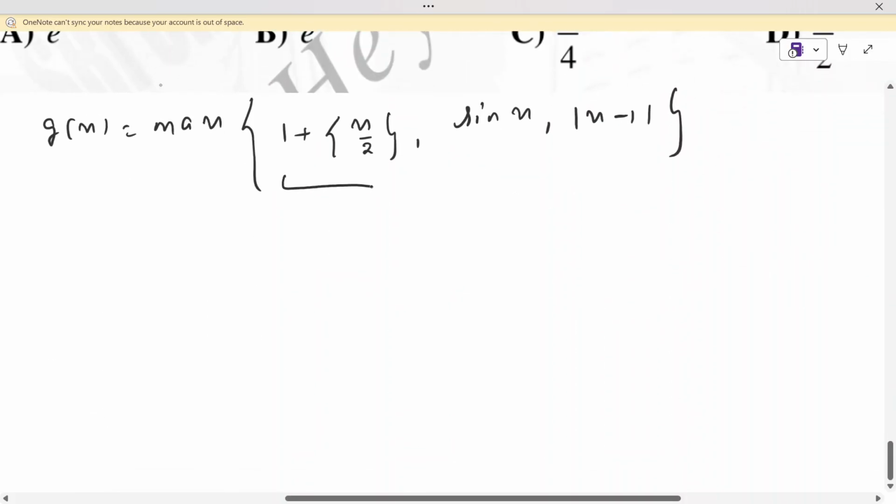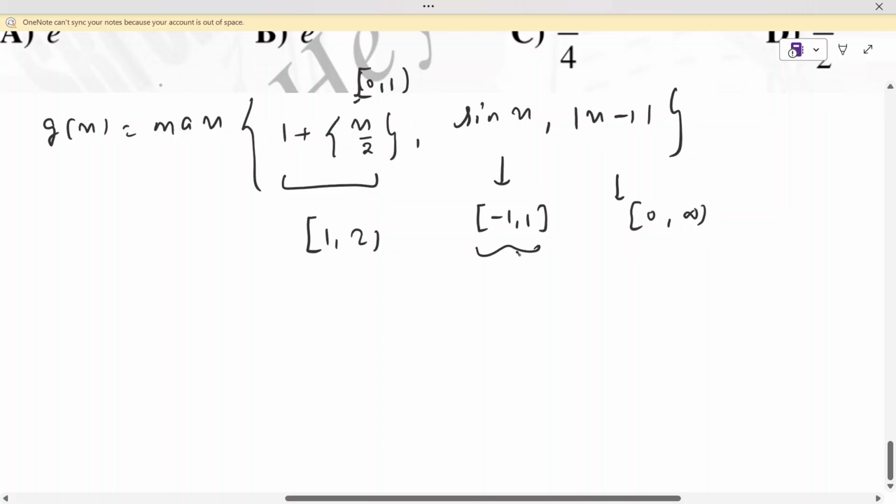For sure, this particular 1 plus fractional part of x by 2, its range belongs to 0 to 1, right? This range will be from minus 1 to 2. Just observe when this goes from 0 to infinity.